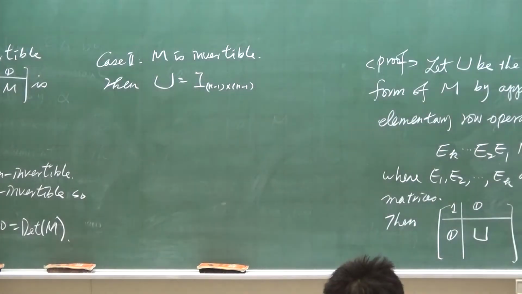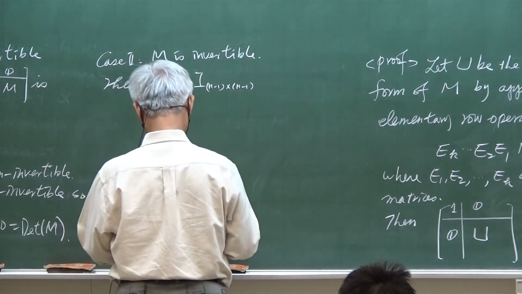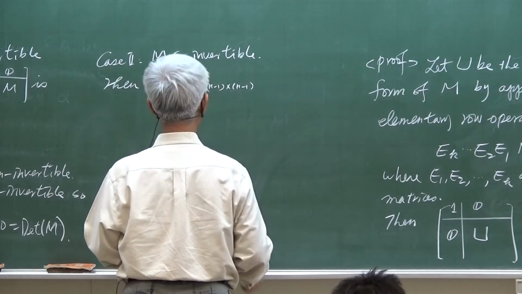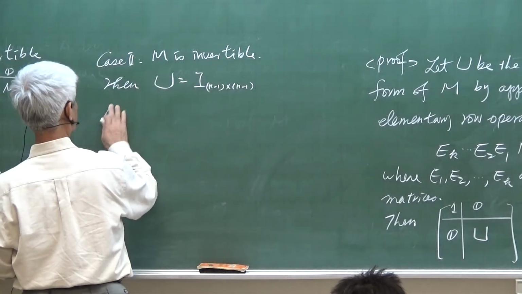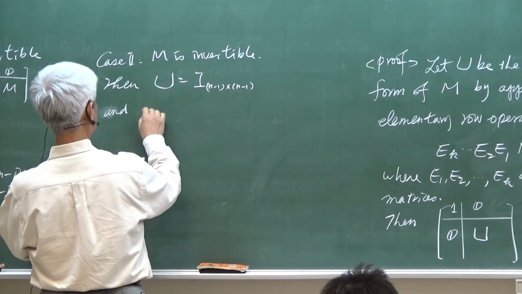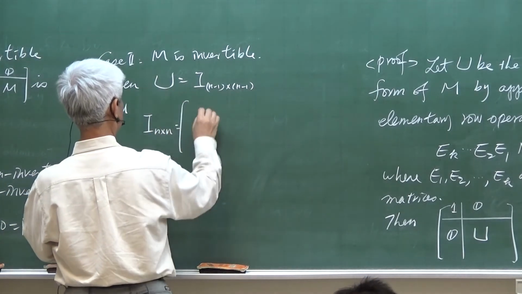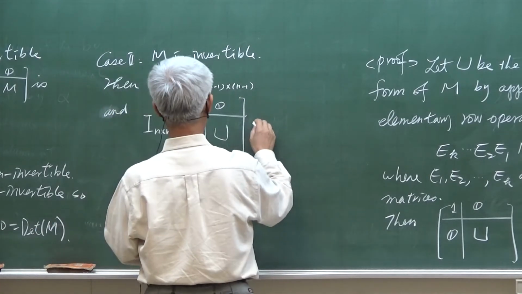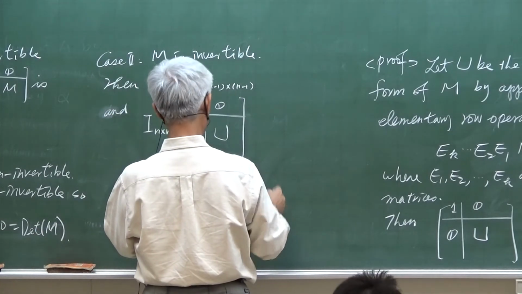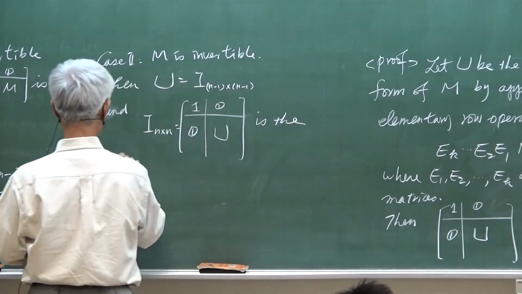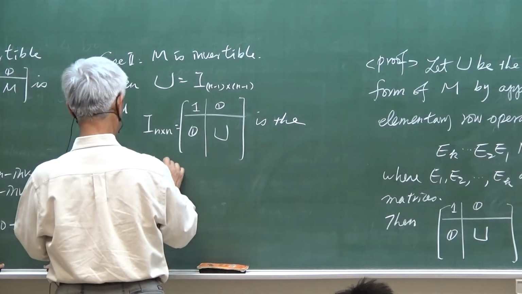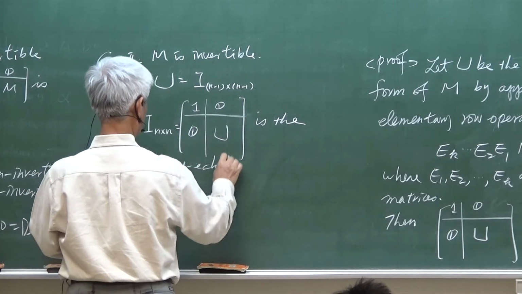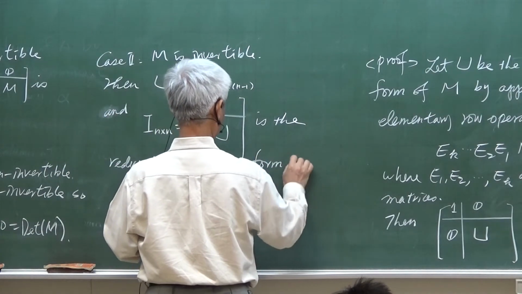So U is identity, and it is reduced row echelon.